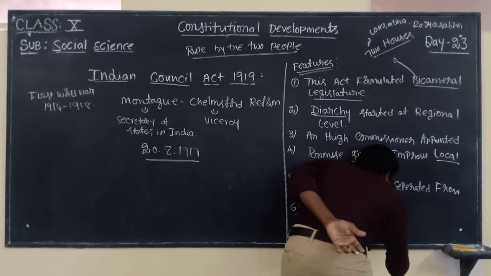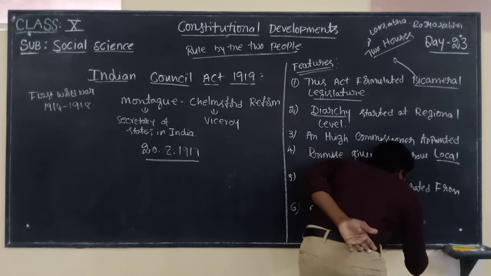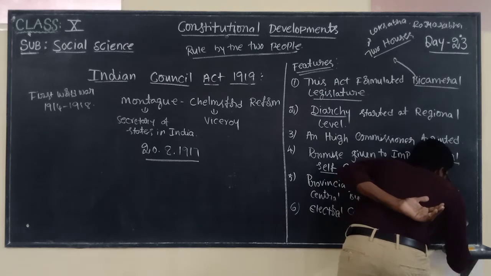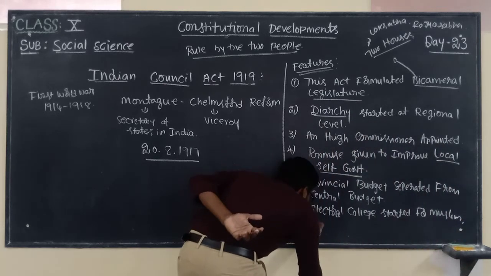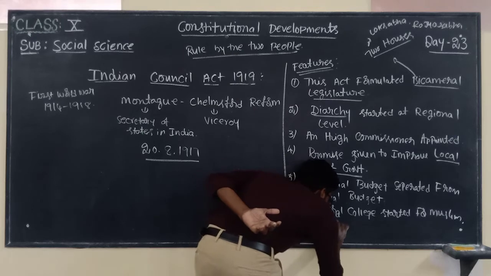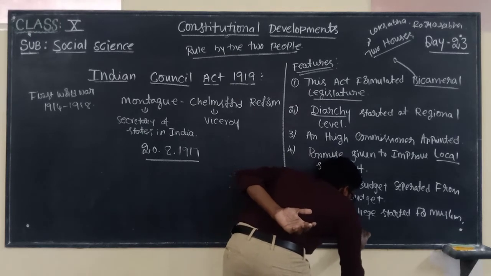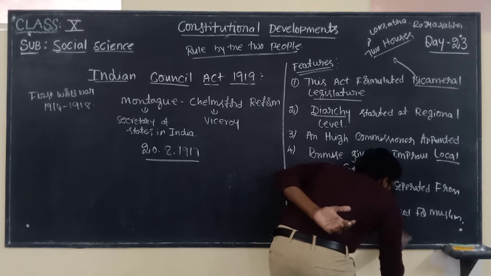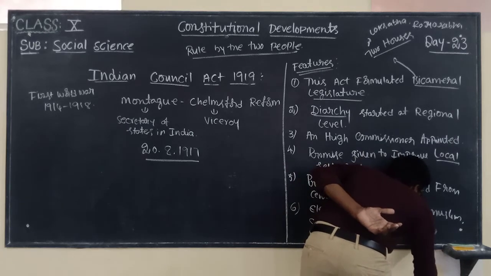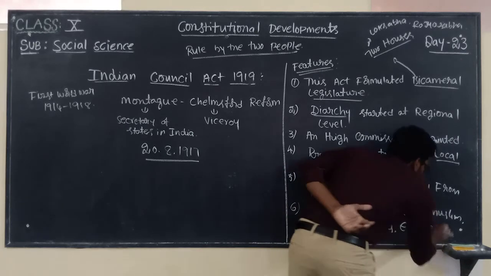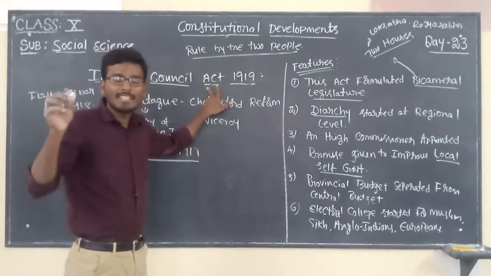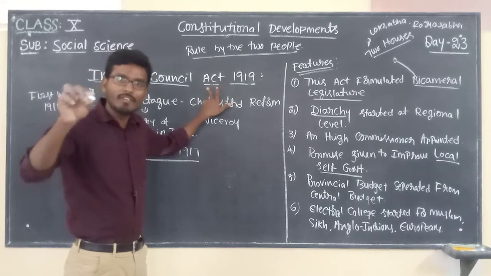Electoral college started for Muslims, Sikhs, Anglo-Indians, Europeans. So previously, under the Indian Council Act 1909, a separate electoral college was only for Muslims, right?